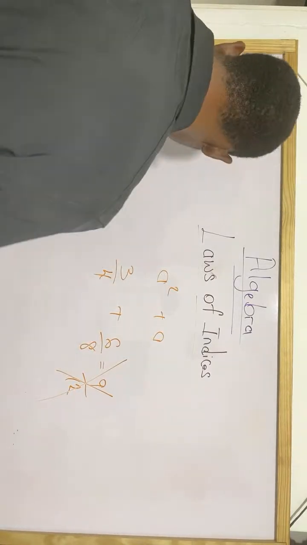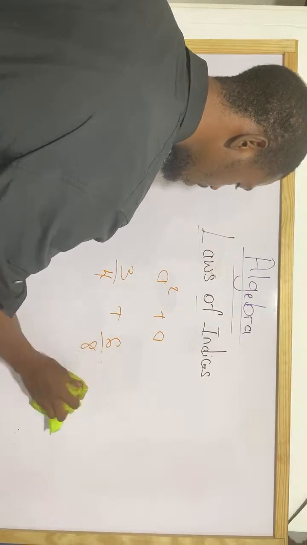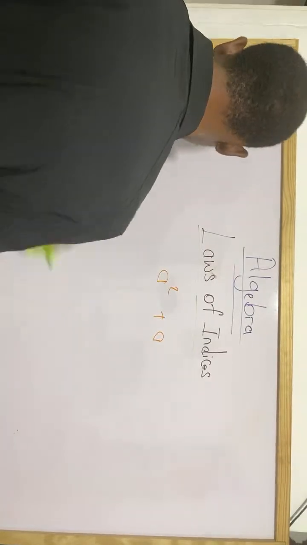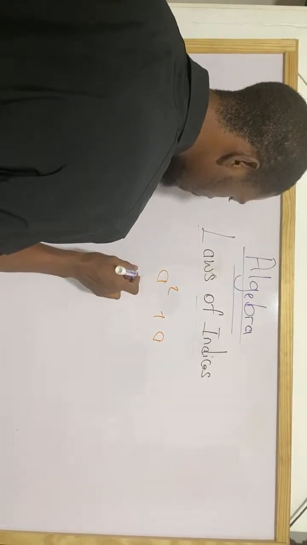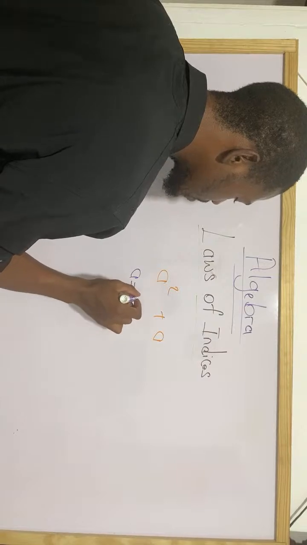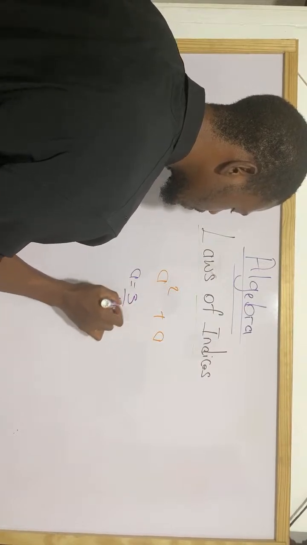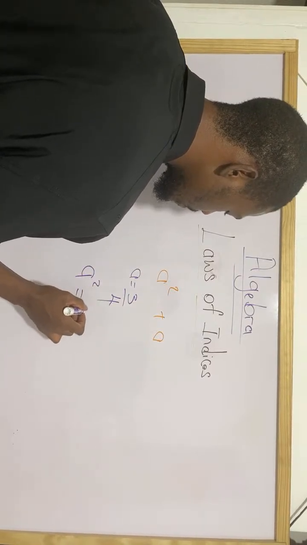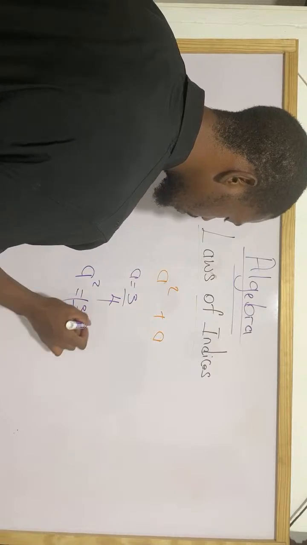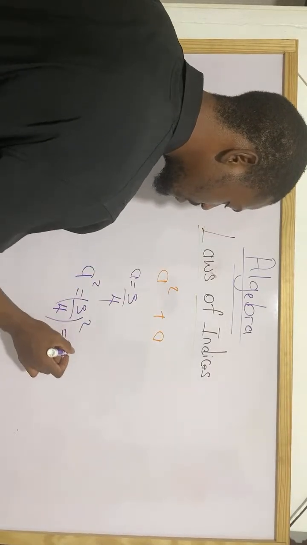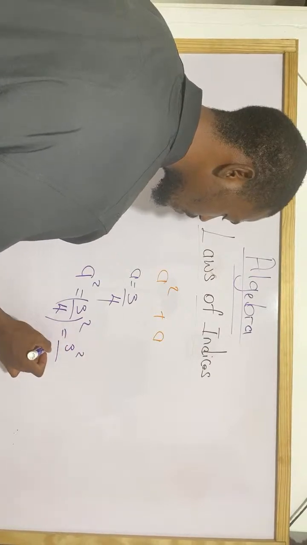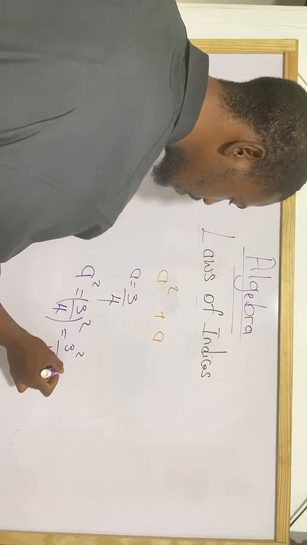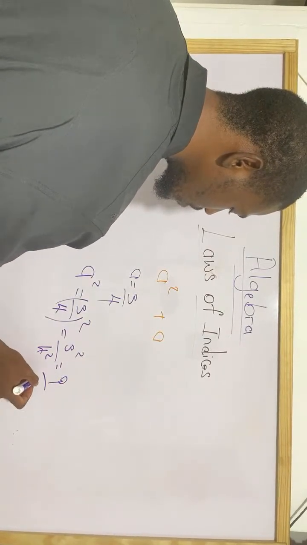So let us say, for argument's sake, that if A equals 3/4, it means that A squared equals 3/4 being squared, which actually means 3 squared over 4 squared. So this is going to be 9, and this over here is going to be 16.